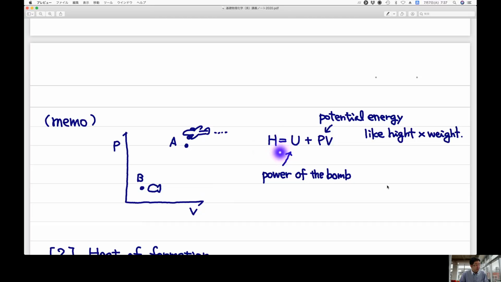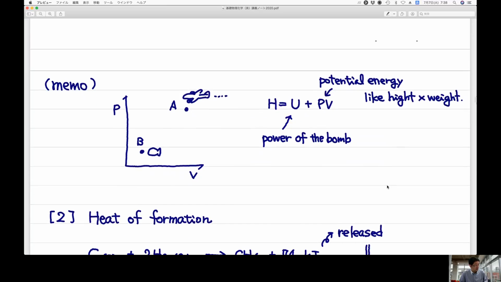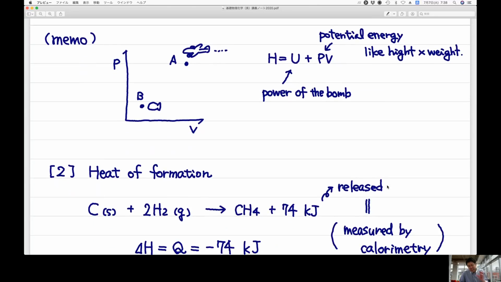And by the use of enthalpy, it's very easy to think about chemical reactions because you can easily access the value of enthalpy by using the heat of formation from chemical reactions.